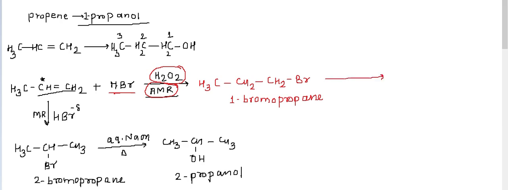And this, on further reaction with aqueous NaOH, KOH or Ag2O, any, gives CH3CH2CH2OH. So now we have got the product 1-propanol.